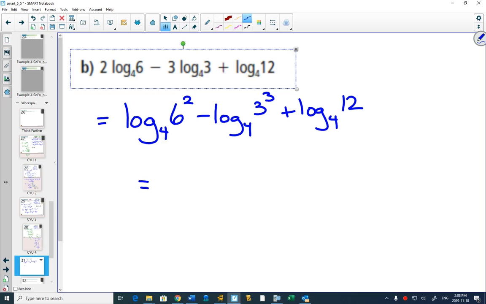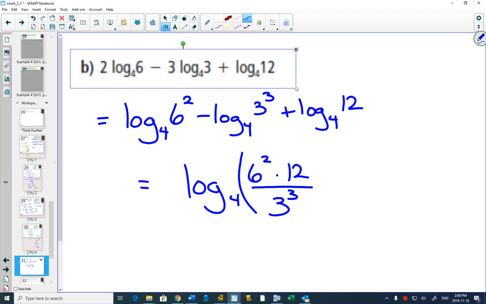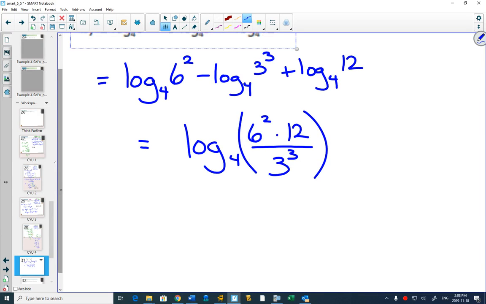Again, with more than one adding and subtracting, the adding ones, the 6 squared and the 12, will be in your numerator, and the dividing one, 3 cubed, will be in your denominator. Okay?